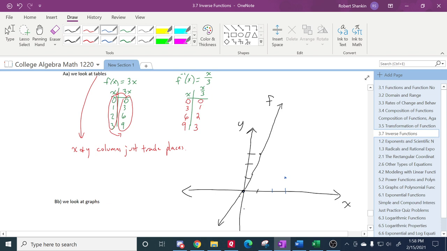Now, what's going to be the case is that if you take a 45-degree angle line, now this is the line y equals x. This point right here, which was (3, 1), when we turned the coordinates around, it became (1, 3).